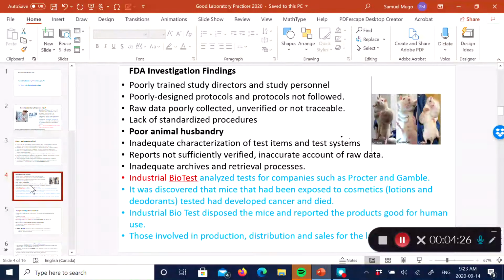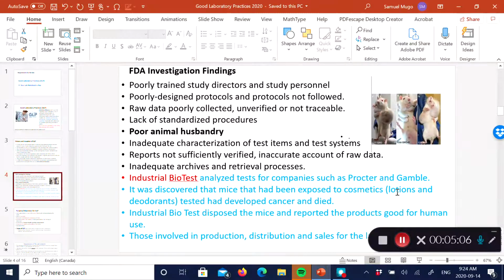Let me try to explain the basis of those fraudulent activities that occasioned the necessity of these guidelines, the GLP. Maybe the most infamous issue was by this company, the Industrial Biotest Labs. It was supposed to do some contract clinical studies for a very big company called Procter & Gamble, related to commercialization of their cosmetics products, particularly lotions and deodorants.